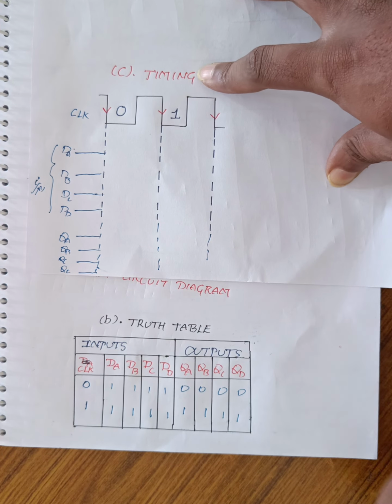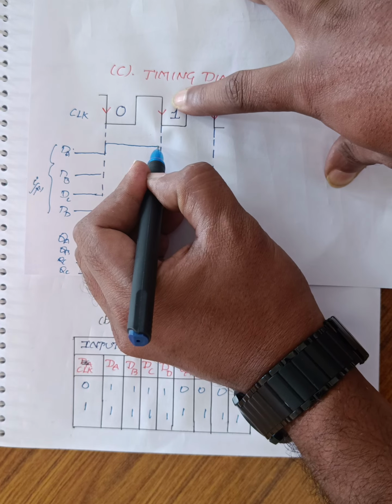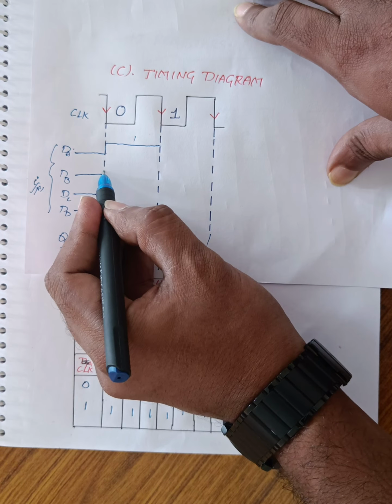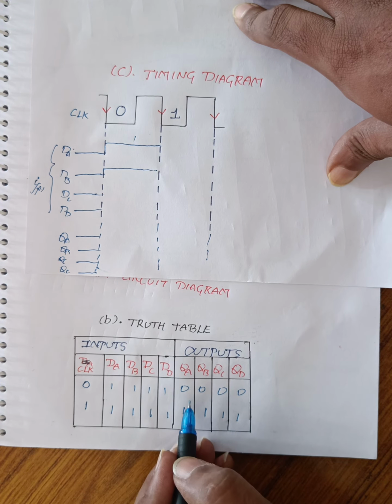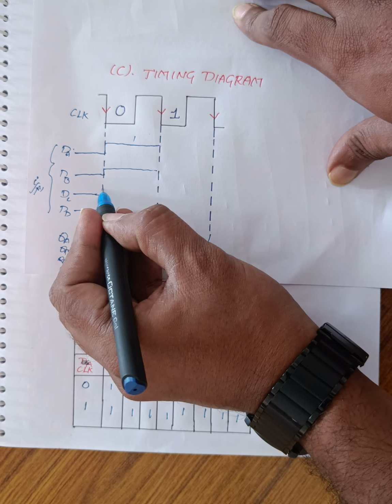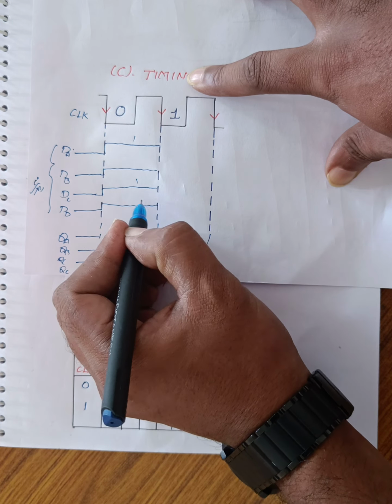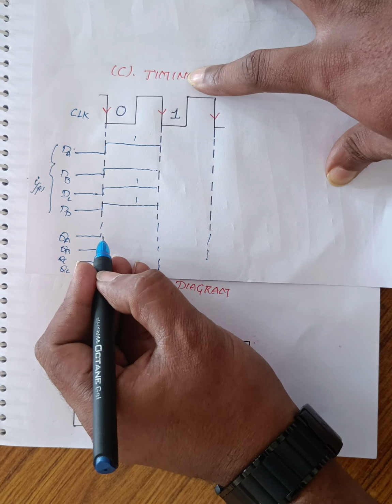When we are applying input data, we can take 0 or 1. Generally I am taking the value 1 for the initial clock pulse, from the truth table values. Here also I am taking 1, and this one also 1. What are the output values? All zeros at reset condition.